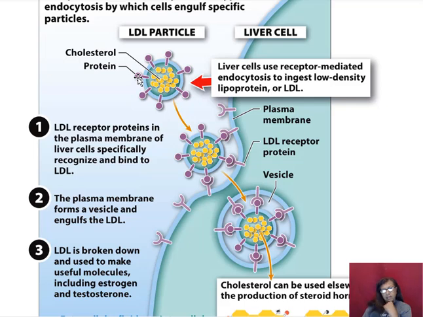So we have the protein itself, and then we have the receptor. And here the LDL protein receptor is going to sort of match, like lock and key, to the actual protein. It's very, very specific, the protein that it recognizes.